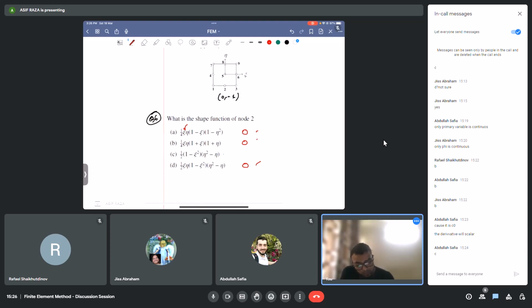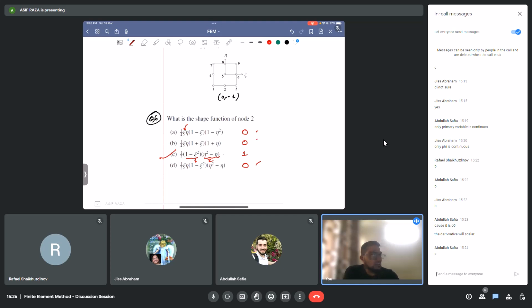And let's confirm: what if we substitute xi and eta equal to 0 comma -1 in option C. This will give me 1, and 1 by 2, the answer will be 1, and this will be 1 plus 1, this will be 2. So 2 by 2, this will be 1. So the correct answer is option C. So this way we can directly say this is the correct answer.